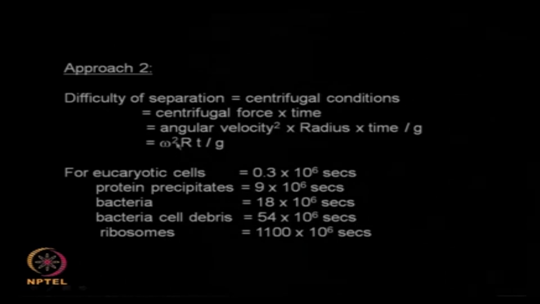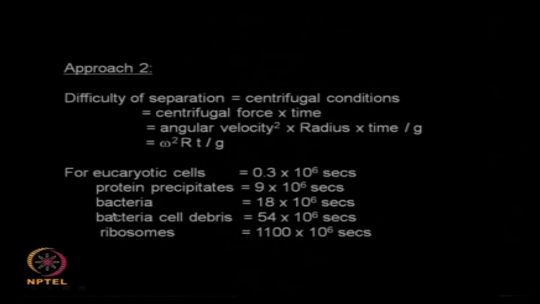So, from this particular relation, knowing the r, that means the radius of the centrifuge, and knowing the RPM, I will be able to calculate the time, understand. Or if I know the radius of the centrifuge and the time of the centrifugal operation, I can calculate what the omega will be, because I will assume the difficulty of separation to be constant, and it only depends upon the type of material, it does not depend upon the hardware details, understand.